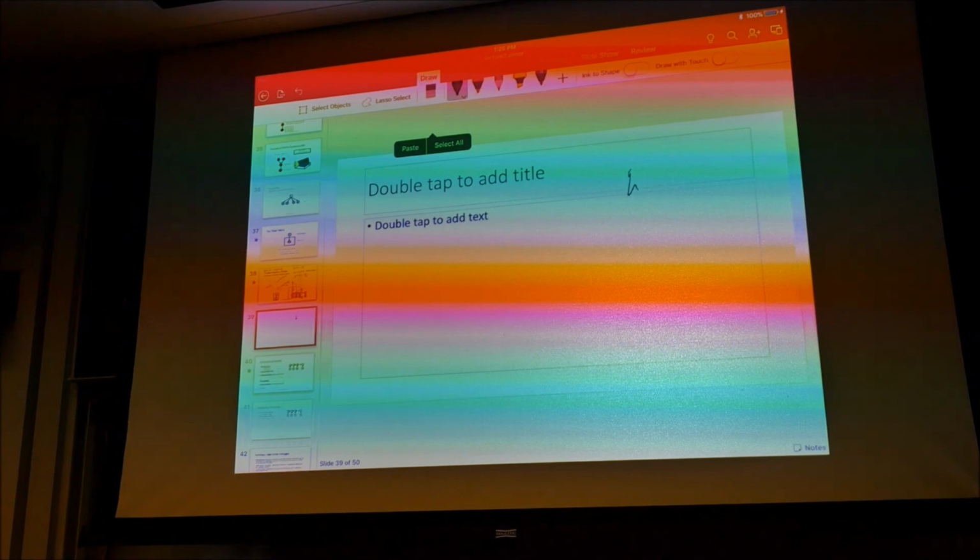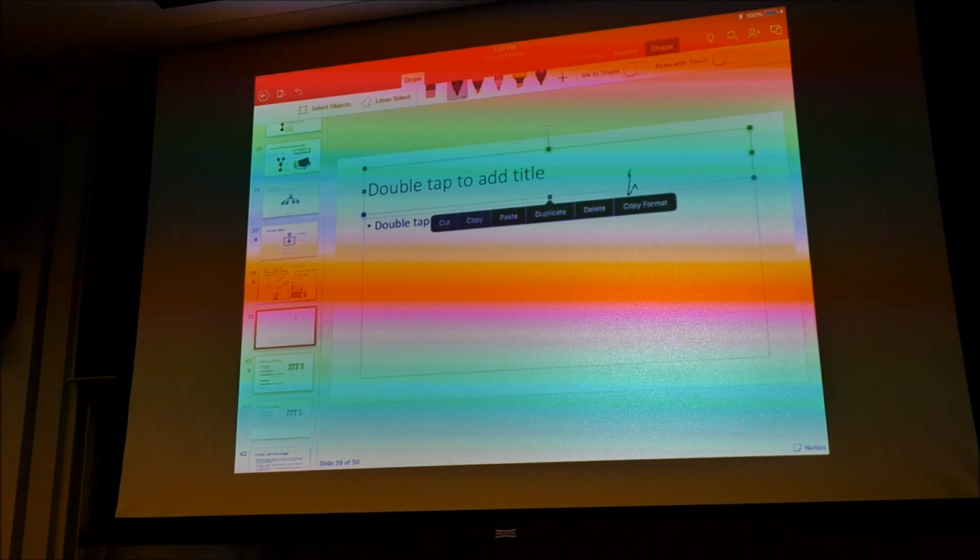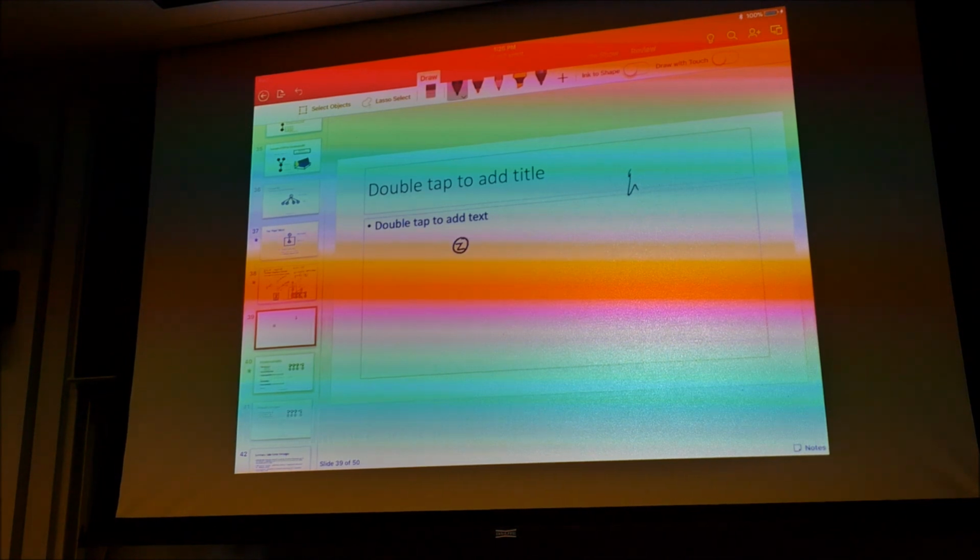In this case, I have Z, which is the index of the range.